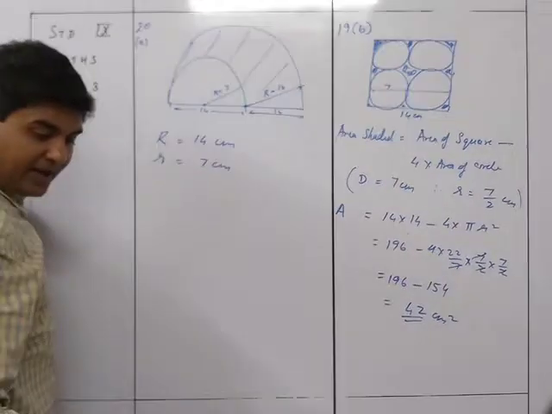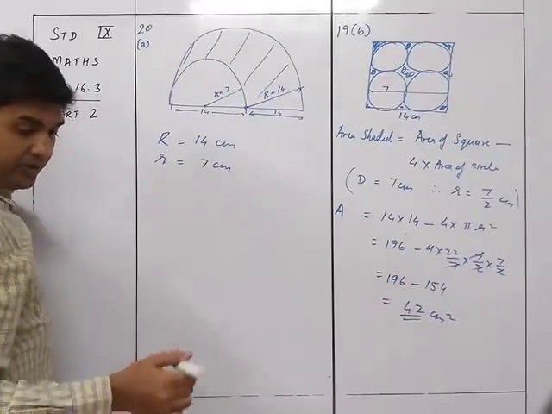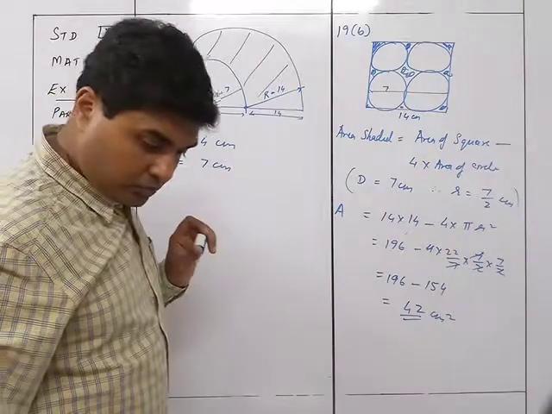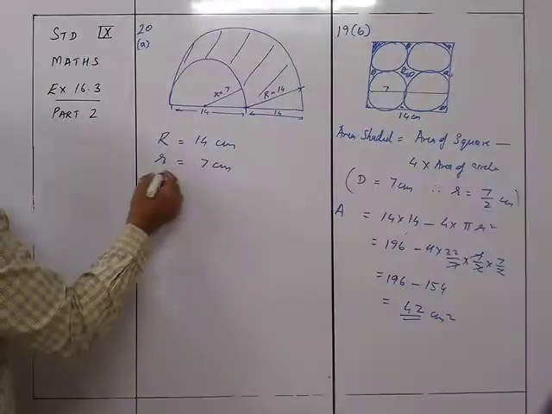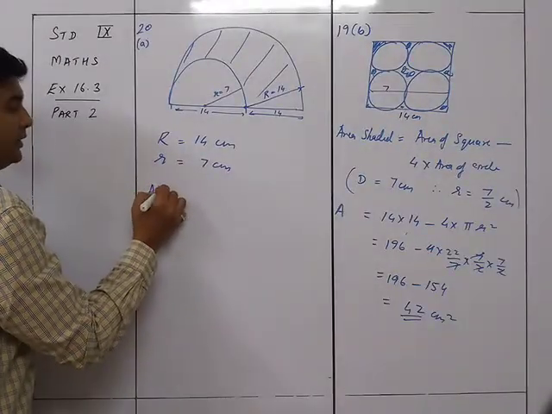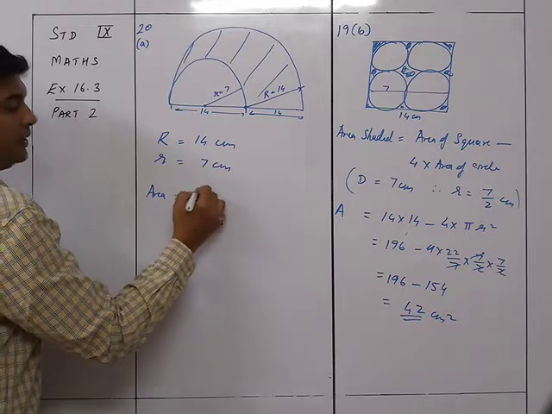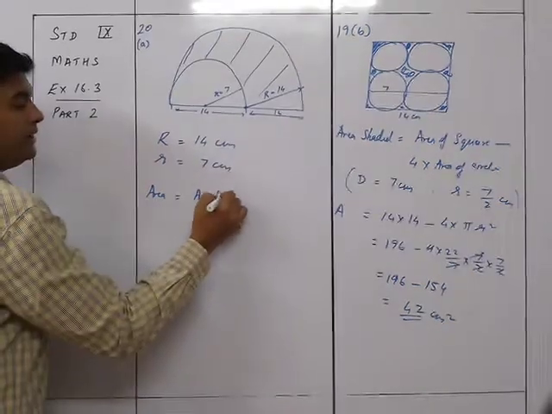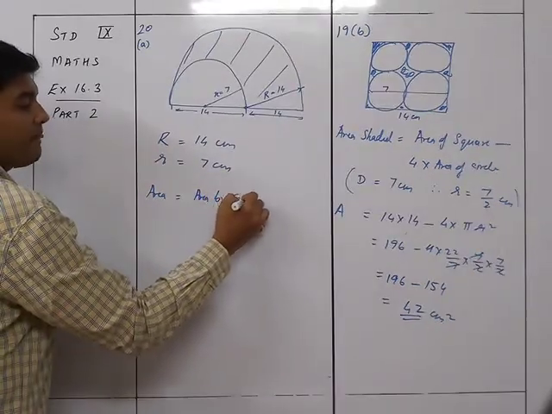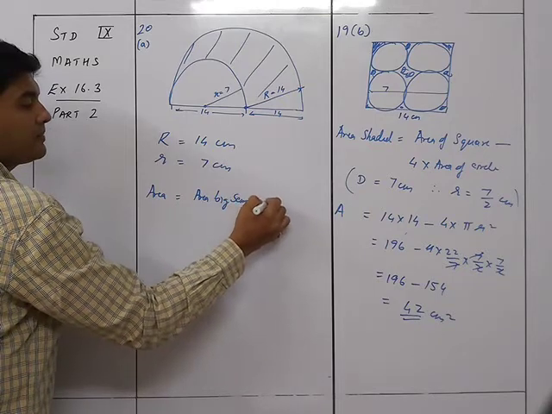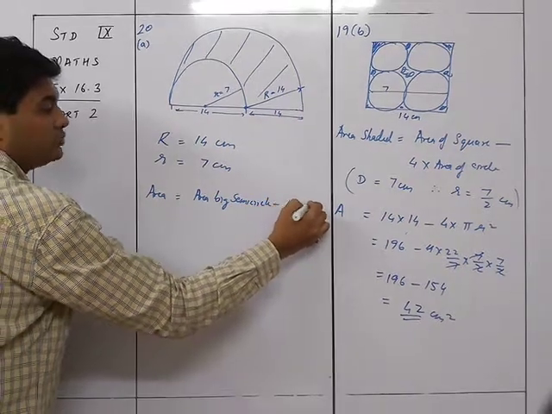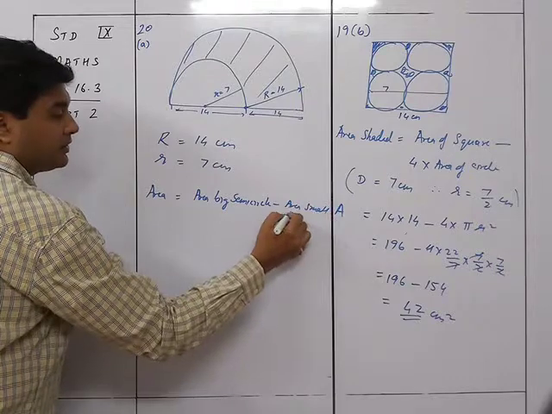Find out the area and the perimeter of the shaded area. Okay, we need the perimeter also. First of all, area is equal to area of the big semicircle minus area of the small semicircle.